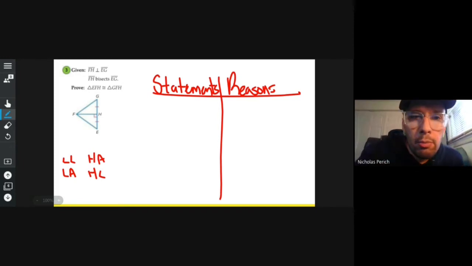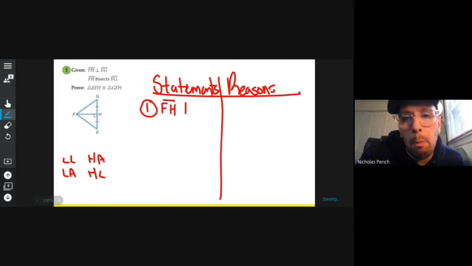First statement and reason, always the given. So we have FH is perpendicular to EG.